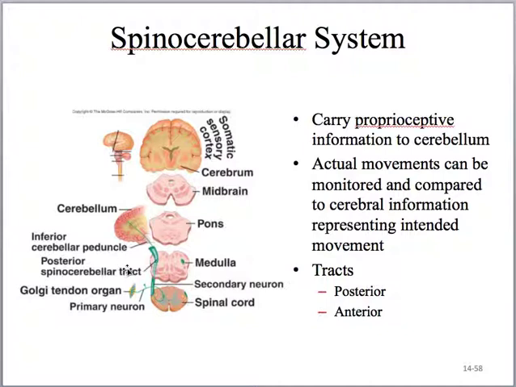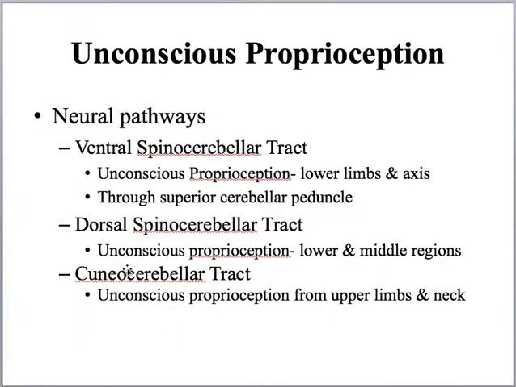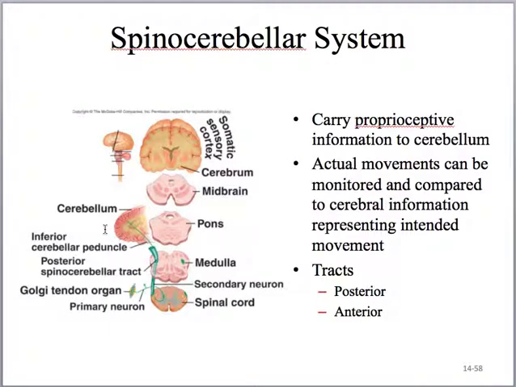Again, the posterior spinal cerebellar tract, let's go back up just a second. That is the same thing as your dorsal spinal cerebellar tract. Okay, this is going to enter into the cerebellum, eventually into the vermis, via the inferior cerebellar peduncle.